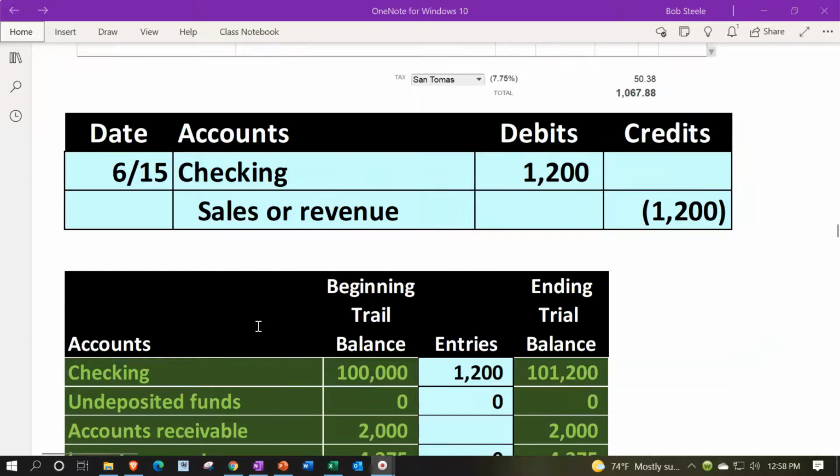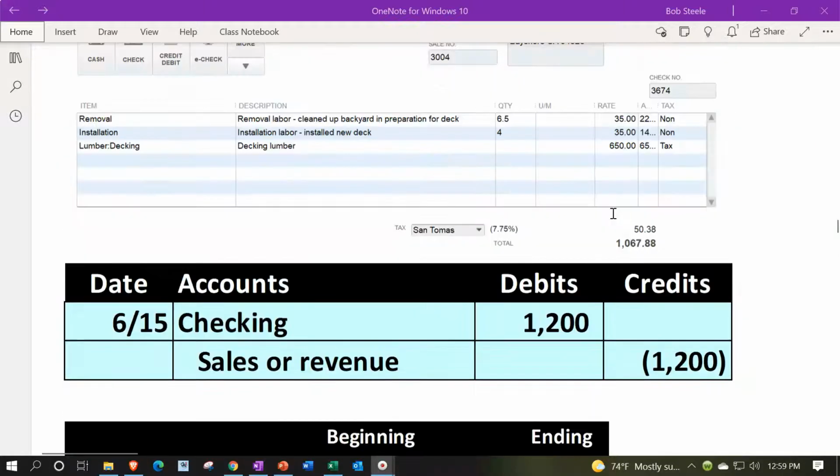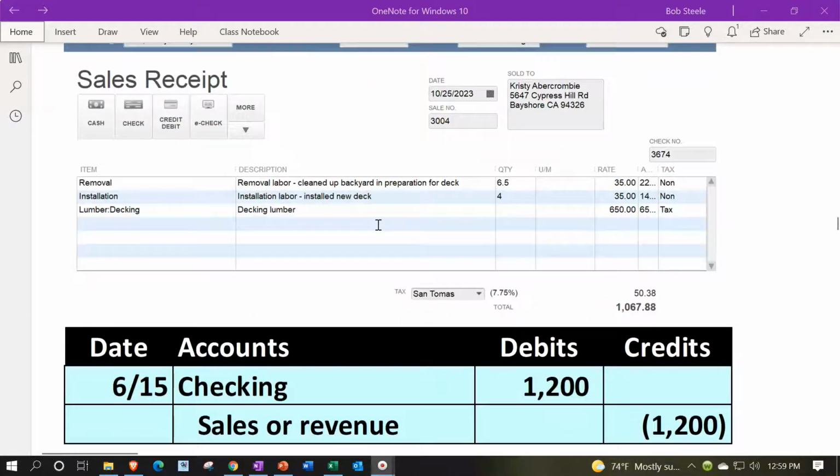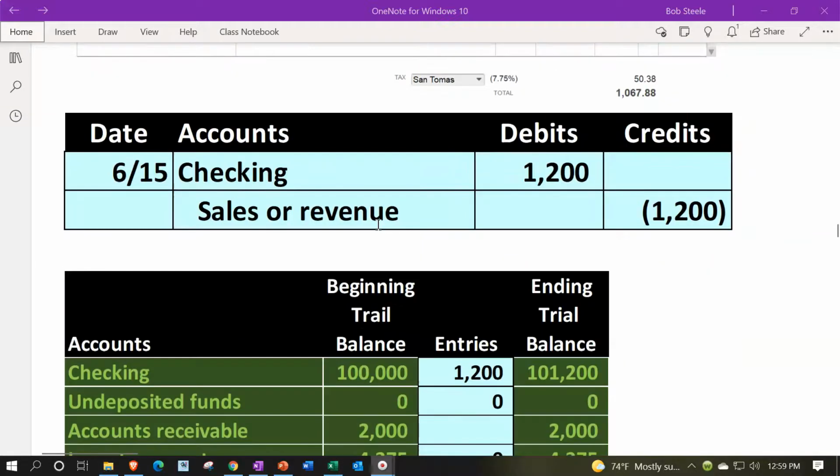But first, we'd say, okay, that when we made a sale, let's say we increased the checking account by $1,200. The other side just going to revenue. That would be supporting a sales receipt type of transaction where we're putting the receipt directly into the checking account and we don't have any inventory involved.